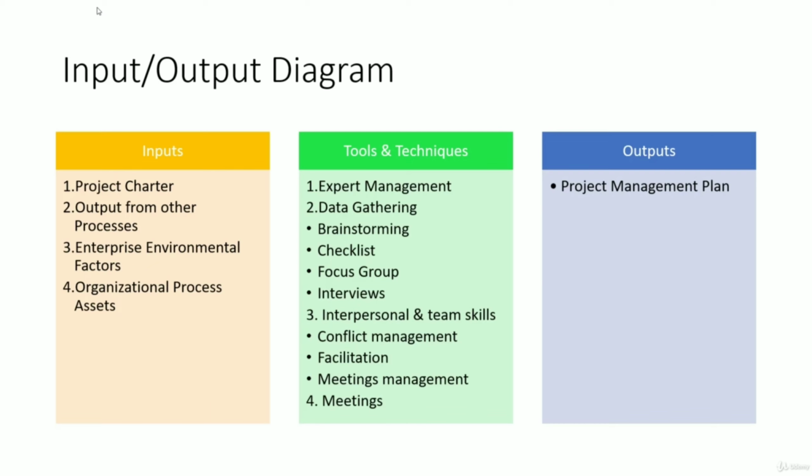So it could be anything, and sometimes there may not be anything. So if you only have a project charter document, don't worry, that's okay, you are still doing good. And then we have these techniques, which are again the same, because ultimately the nature of the job remains the same. And here the output is the project management plan.